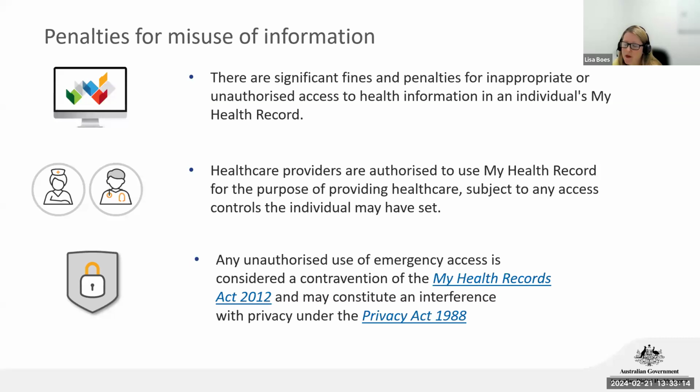Penalties may be applied for a few things, such as unauthorised collection, use or disclosure of health information in the record, use of health information in the record for prohibited purposes, unauthorised use or disclosure of healthcare identifiers or other information obtained for the purposes of the healthcare identifier services.